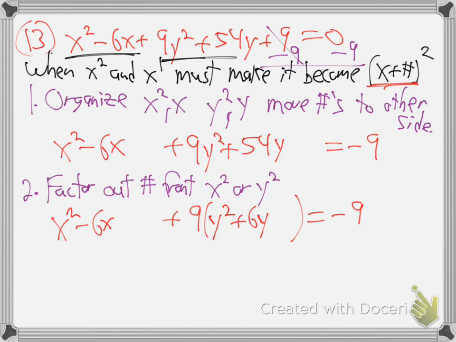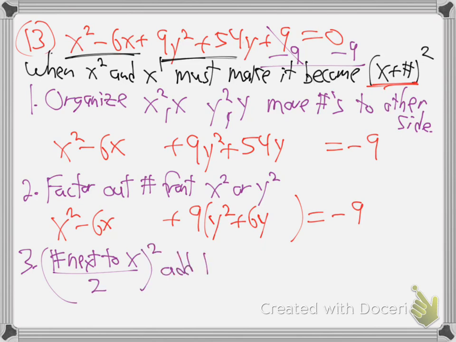Now, we're going to do step 3. Number next to x over 2 squared, add to both sides. You can do the same thing for y. That's how you find the completing number. It's the number next to x over 2, quantity squared. Add to both sides. So let me let you do that real quick.